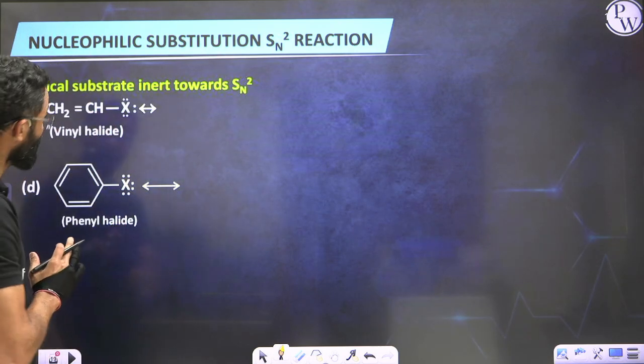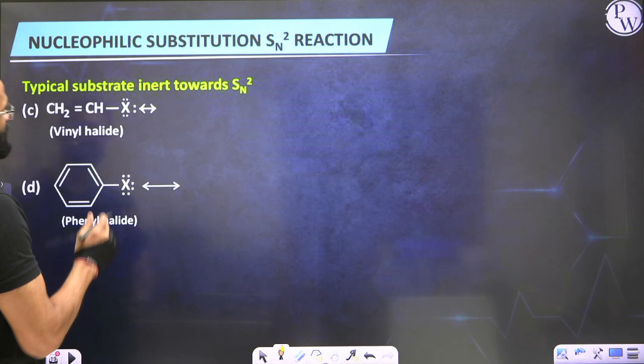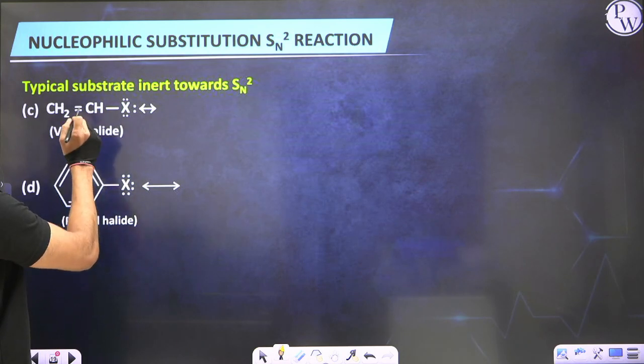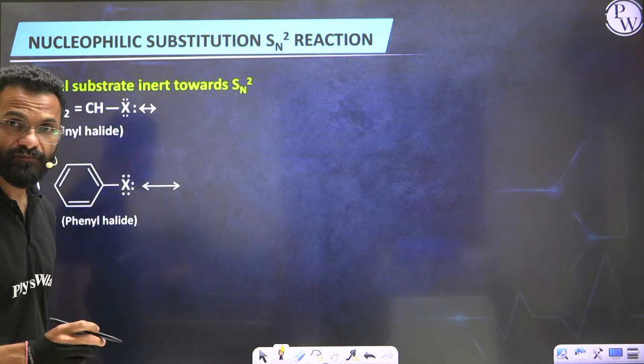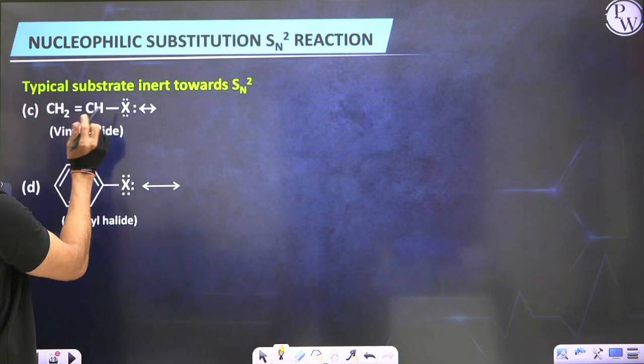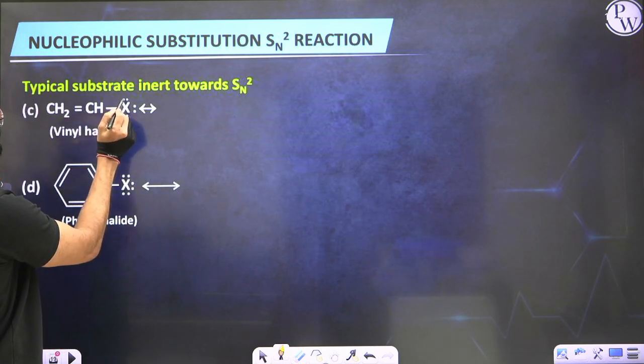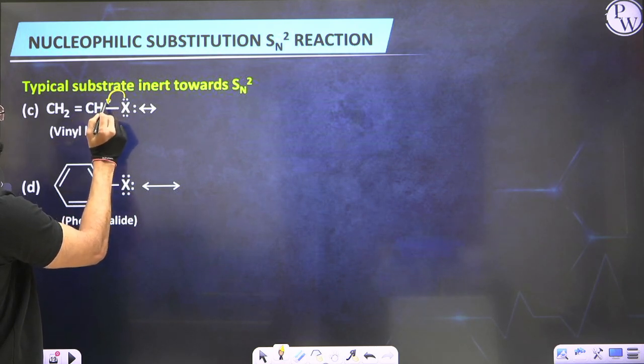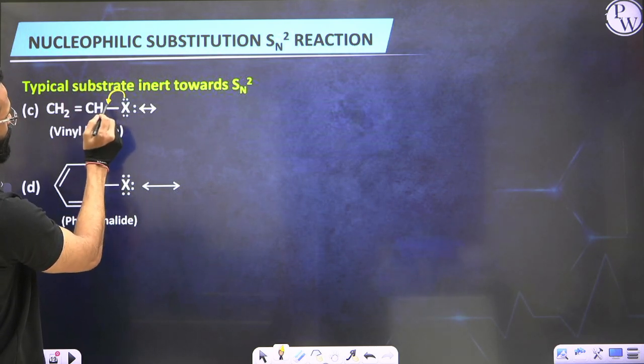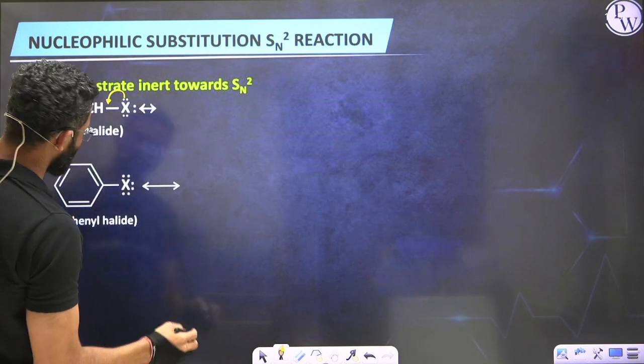Why? Well guys, firstly we want the nucleophile to attack at the carbon carrying the leaving group, right? See here, in vinyl halide, because the halogen carrying lone pair is in conjugation with the pi bond, if this lone pair delocalizes here, then we will get a formation of partial pi bond character.